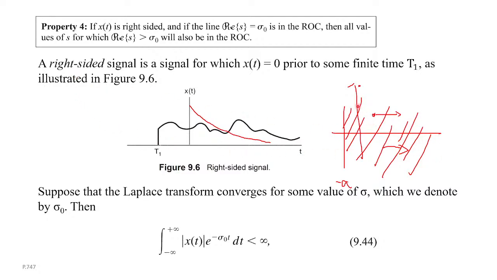And combine that with property 1. Once again, property 1 says the ROCs are strips. So whenever there's a point in the ROC, all the points up and down from it, the whole line containing that point, are in the ROC. So the ROC will look kind of like a half plane. If you think about geometry, if a point is in, then all the points up and down are in, and all the points to the right are in, then the only thing it can look like is a half plane.